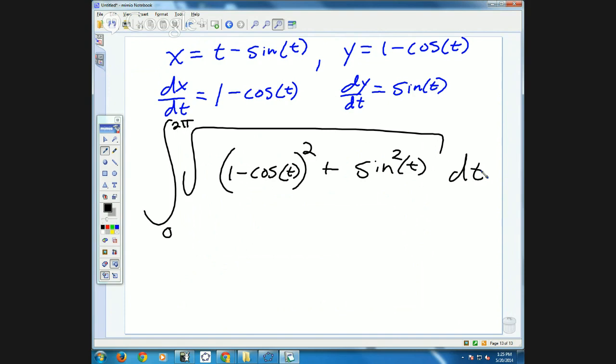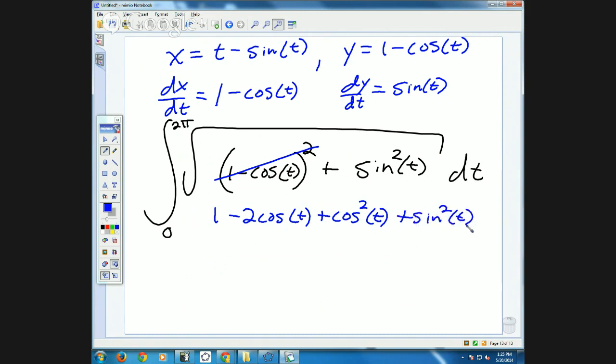Let's do this a little bit more. So let's see, if I multiply that out, I'm not going to redo the whole integral, I'm just going to rewrite this part. That's going to give me 1 minus 2 cosine of t plus cosine squared of t. Hey, but I also have plus a sine squared of t hanging out there with it, don't I?